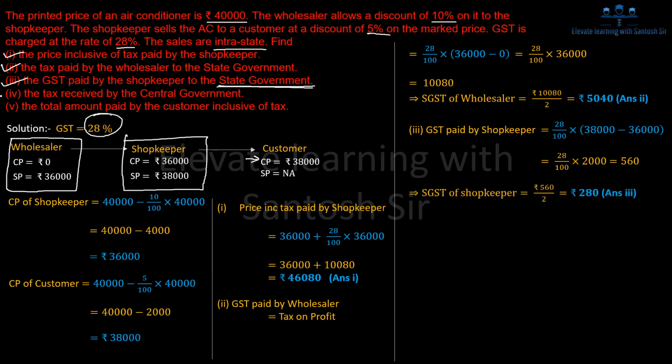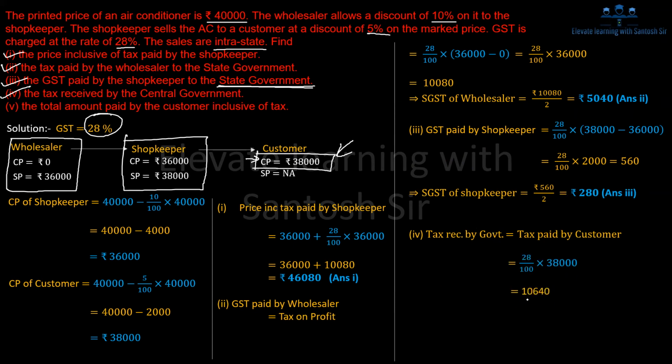Let us come to the fourth sub question. The tax received by central government. Now, this means the total tax received by central government. We know that tax received by the government is equal to tax paid by customer. So how much is the tax paid by customer? It depends on his CP. As the CP of customer is 38,000, he will pay a tax of 28% on 38,000 rupees.